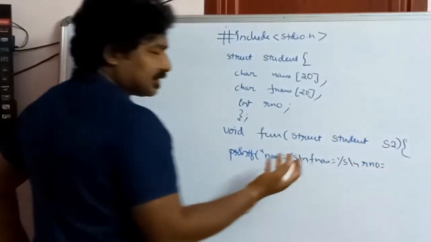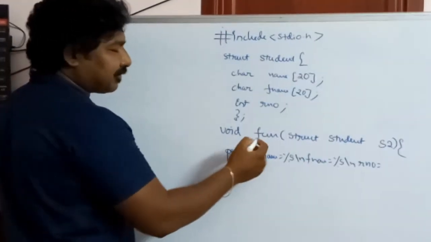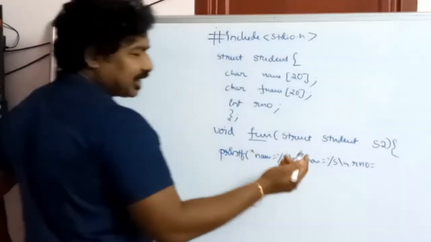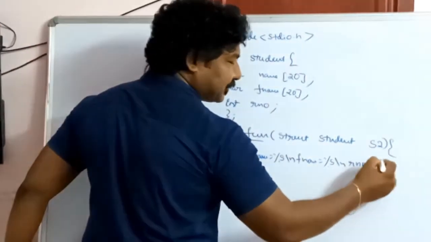Here you can see that my function fun has a structure variable s2 as a parameter.